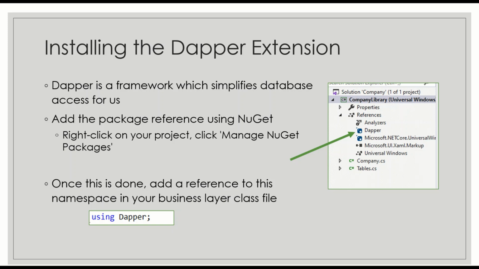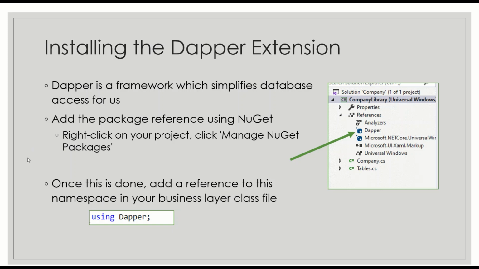Our code library is going to be how we access and send queries and retrieve data from our application to our database. There are several different ways to do this, but the Dapper extension is one that really simplifies it for us. So this is adding a reference to another code library that's available through our NuGet packages.